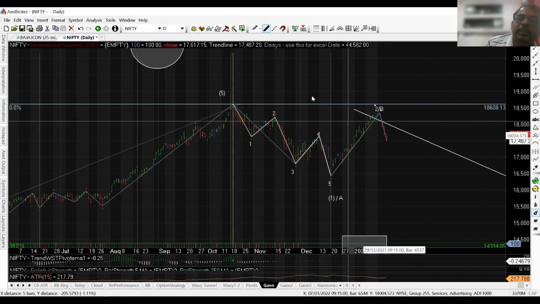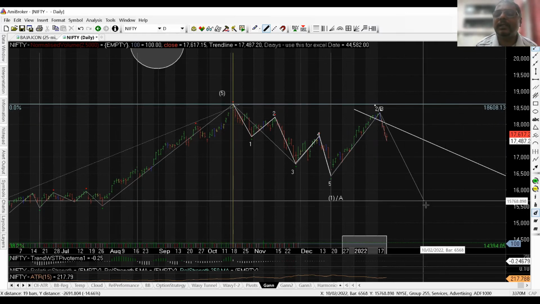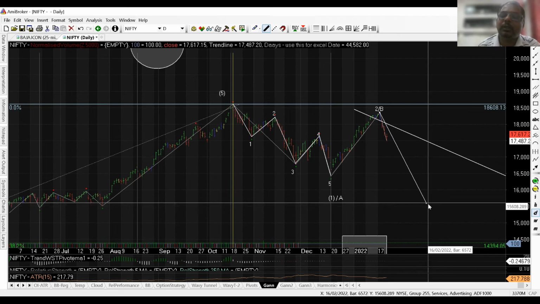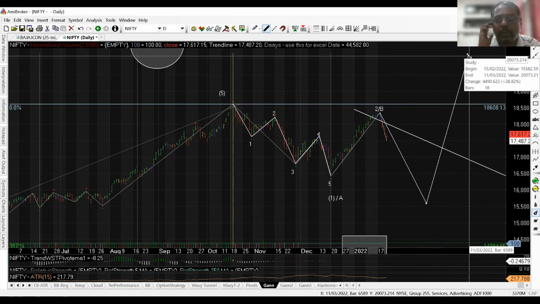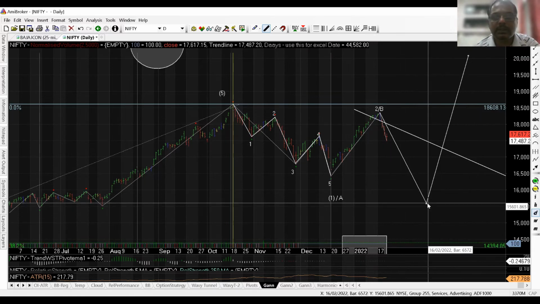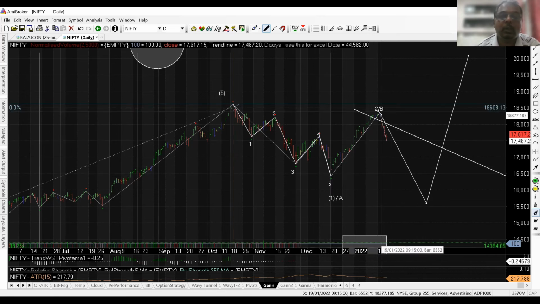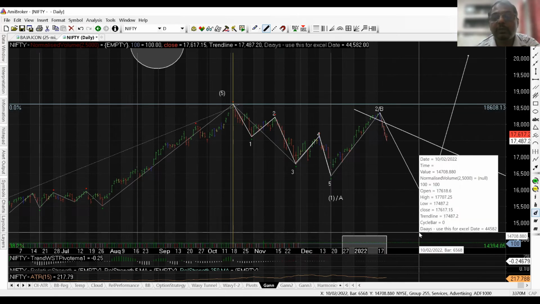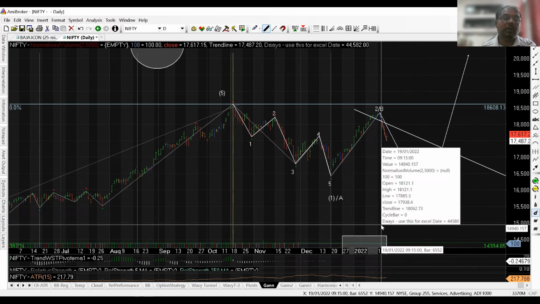If it is 2 or B, it may come down, correct a little bit, and then finish the correction, and then you are happy and you start moving above with the wave 3. In that case your correction is not going to be very sharp. But if it is 1, then you would have a 2 here, and then your 3 would be very deep, and then you are talking about way below.